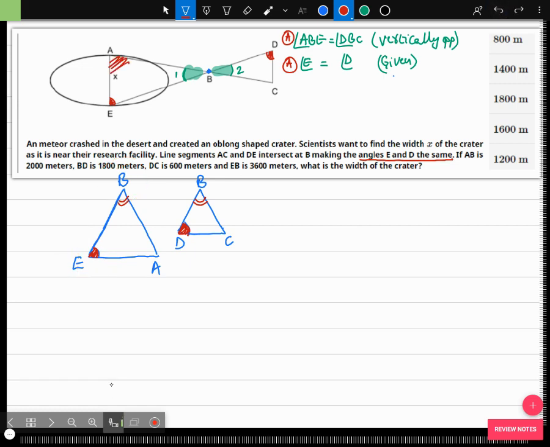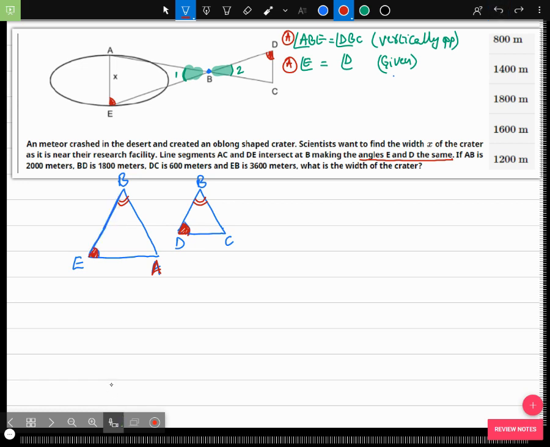The third letter of triangle ABE is obviously A. In the same way, we labeled B and D, so the third one is going to be C. Well, if two triangles are similar, the corresponding sides are proportional, which means BE over BD.